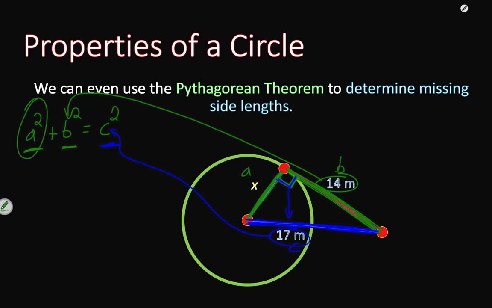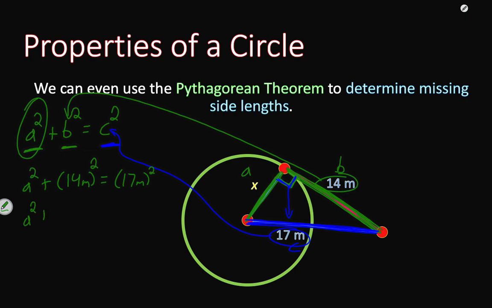So let's do that. A squared plus, when I'm substituting, I'm going to use brackets. 14 meters squared equals 17 meters squared. To make this a little easier for myself, I'm going to figure out what each of those things actually are.